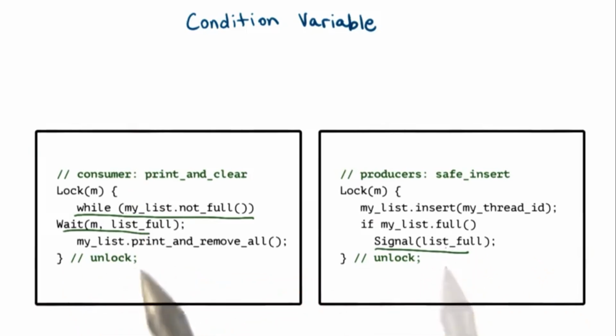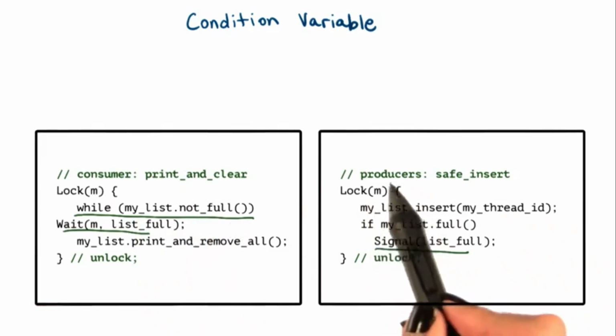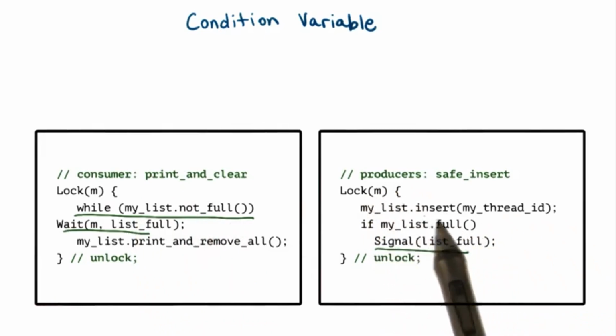the consumers. Note that while the consumer is waiting, the only way that this predicate that it's waiting on can change, so the only way that the list can become full, is if a producer thread actually obtains the mutex and inserts an element onto the list.